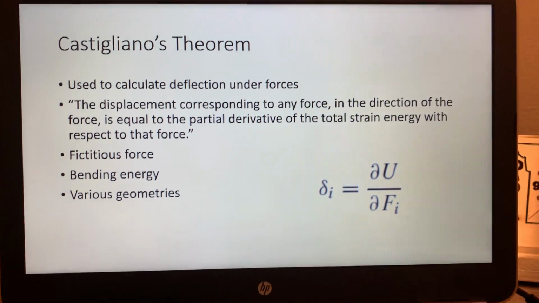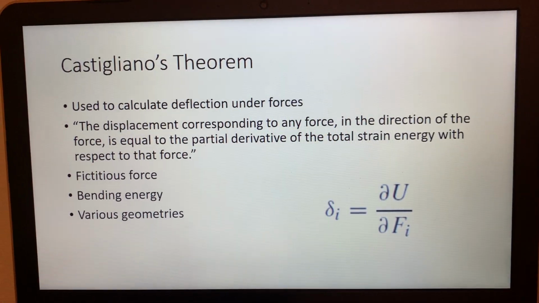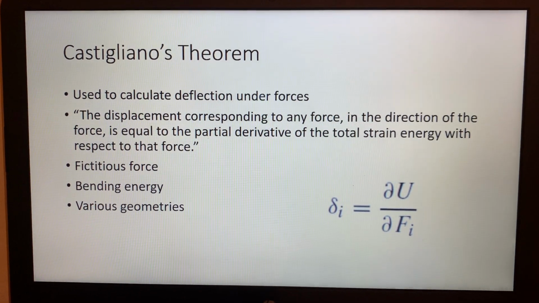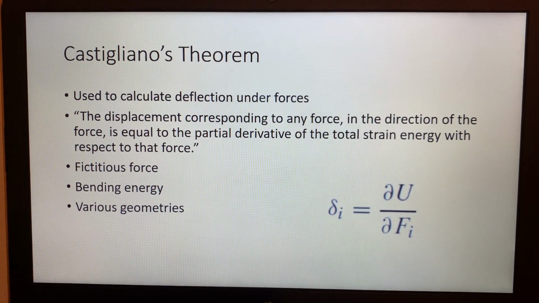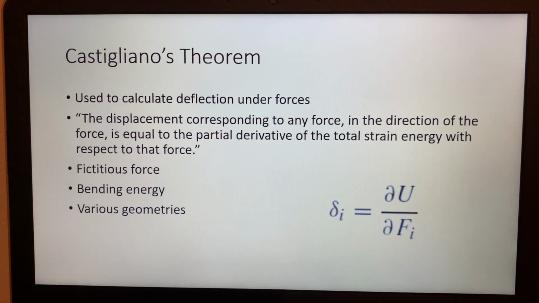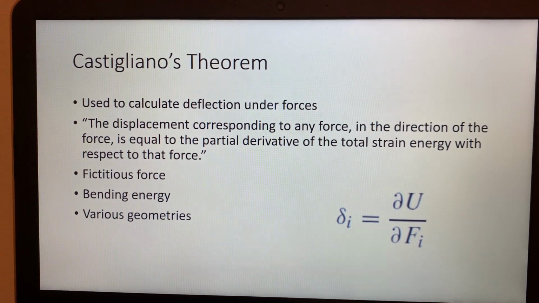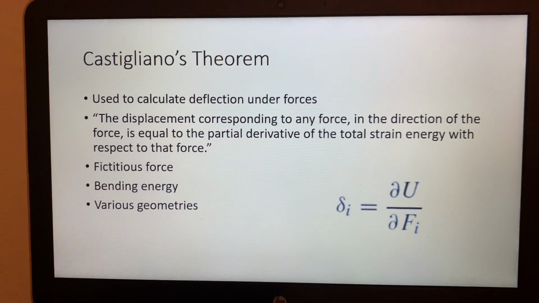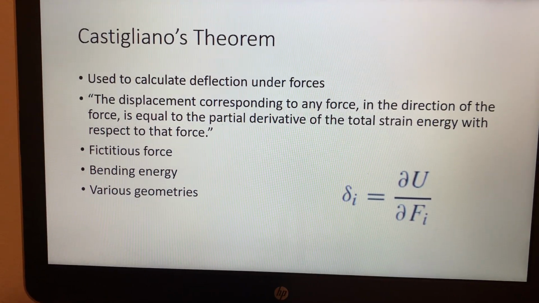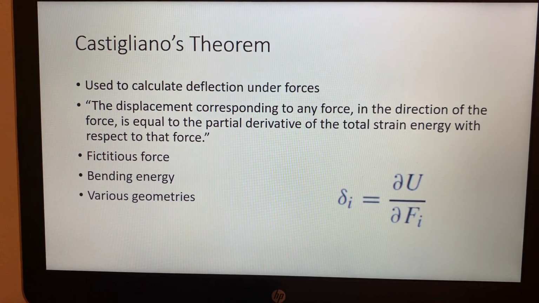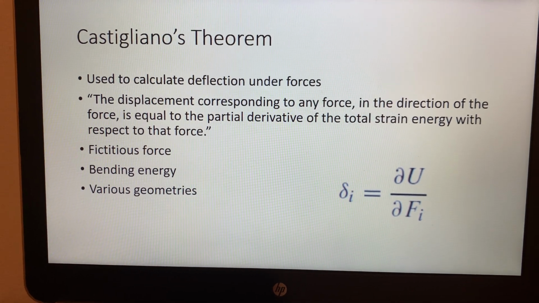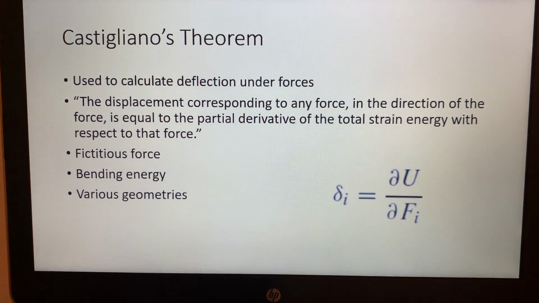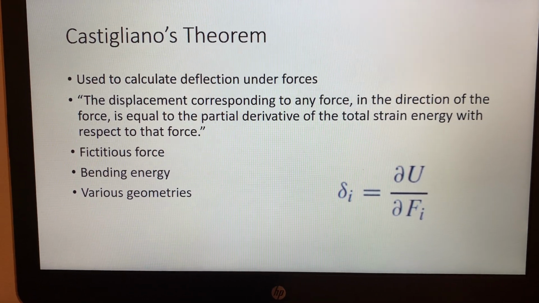The main tool in the energy method is Castigliano's theorem. We use this theorem to calculate deflection under forces. The definition of Castigliano's theorem is that the displacement corresponding to any force, in the direction of the force, is equal to the partial derivative of the total strain energy with respect to that force.